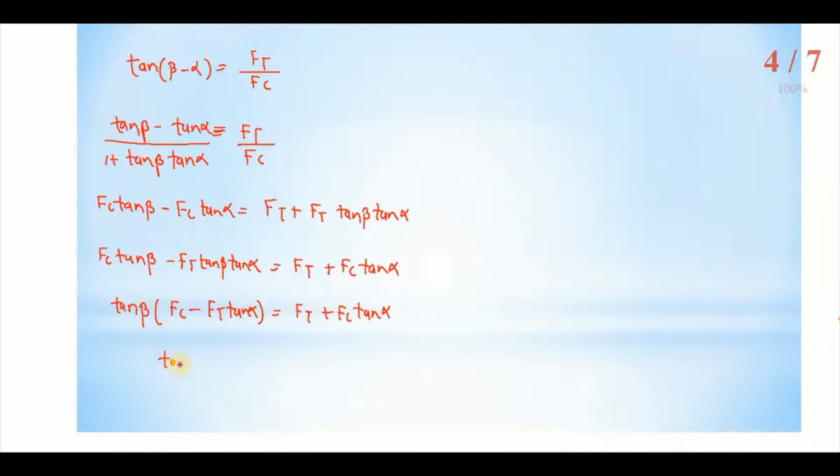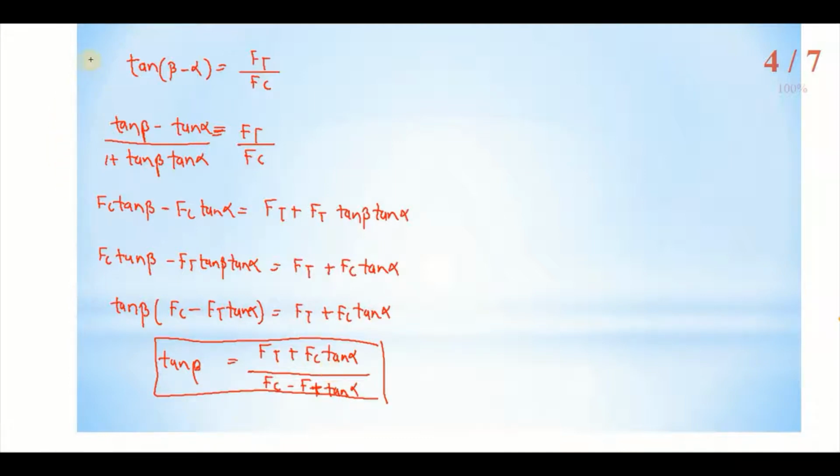So tan beta equals (Ft plus Fc tan alpha) upon (Fc minus Ft tan alpha). By using these three relations, we can find the coefficient of friction, mu.